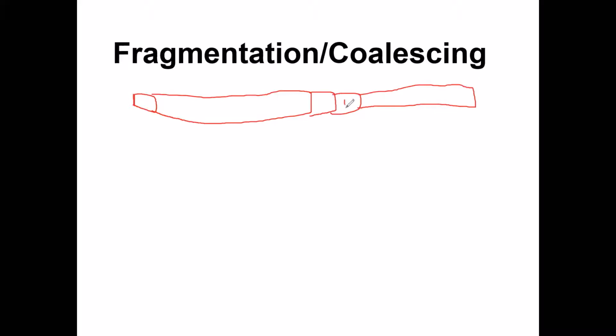Okay, so fragmentation occurs when, let me just draw it out really quick. Okay, so let's say we have these two payloads that have been allocated on the heap, and then the user makes a free call to this one.